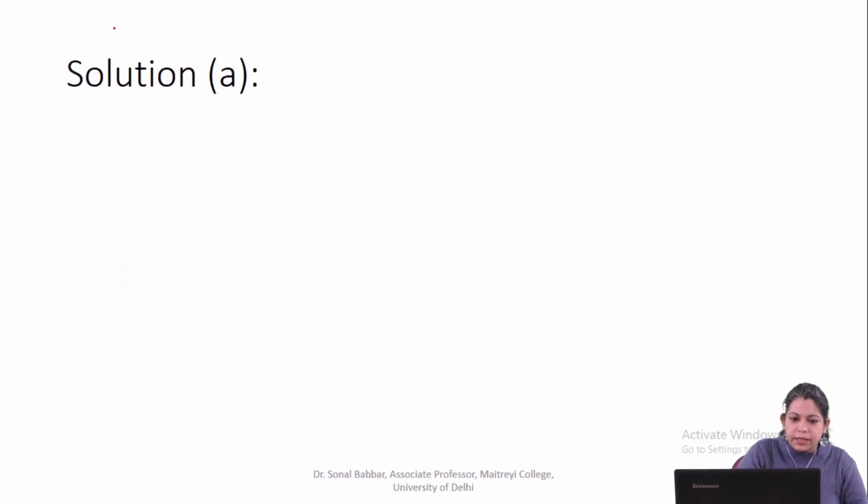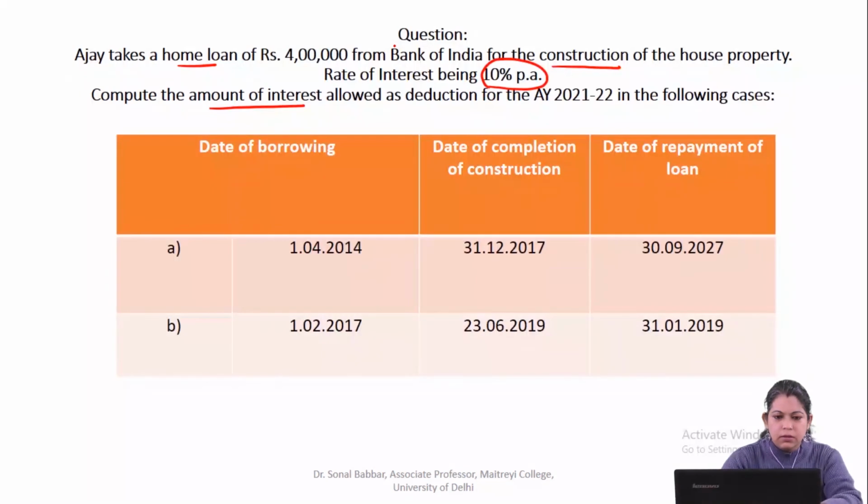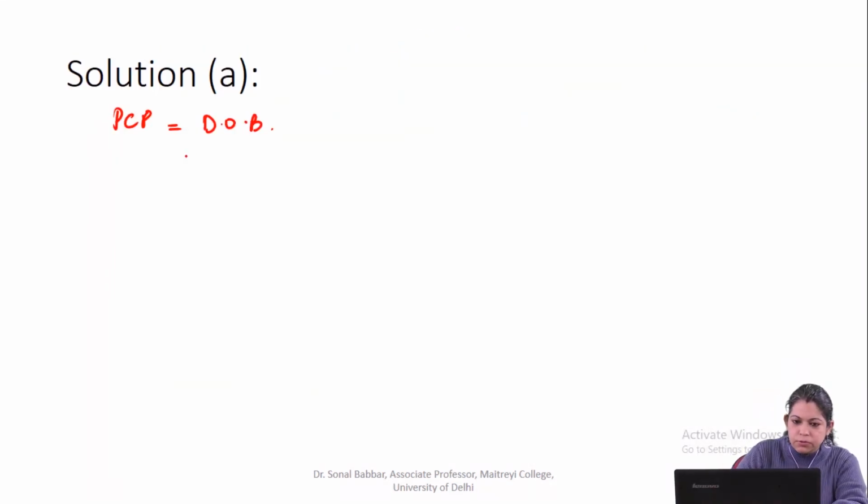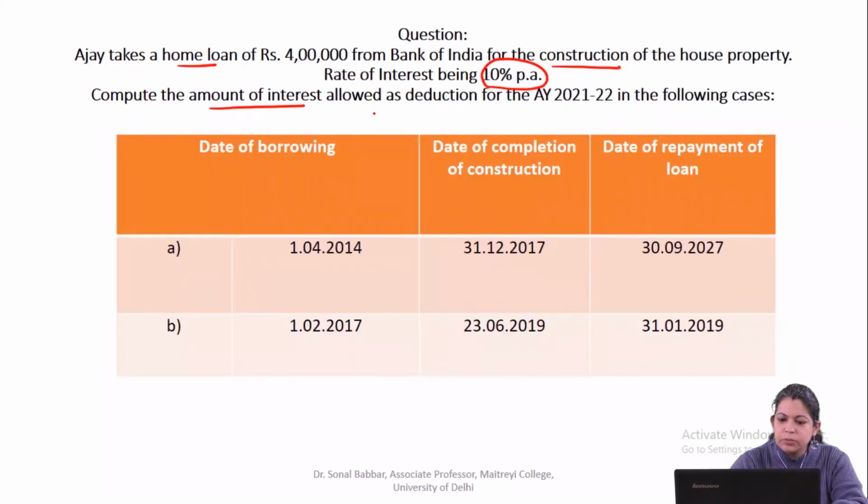So let us define what is PCP here. Pre-construction period starting from date of borrowing, which is 1st April 2014. And closing date will be 31st March immediately prior to the date of completion of construction.